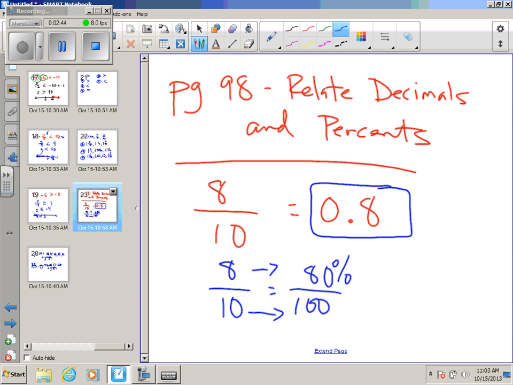How many places in what direction would I move my decimal here to make it an 80? Frank. Two places to the right.